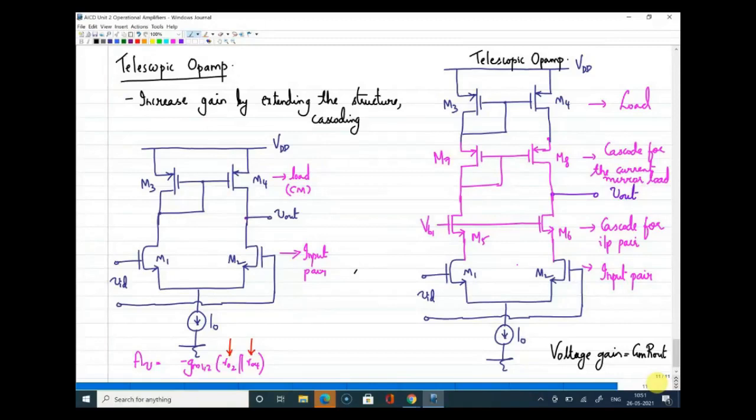By the cascoding property itself, we are increasing the output impedance. What does the cascoding property mean? How will it improve? By stacking up the transistors. Understood. So how much will be the improvement in the gain?